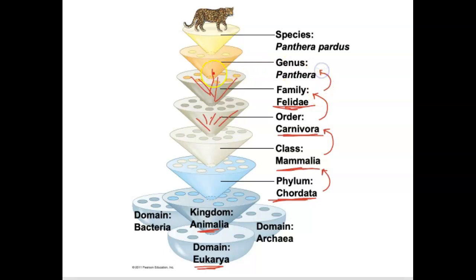Genus Panthera is one particular genus within the Felidae. There are other genuses, but the one we're talking about here is Panthera. Once you're in Panthera, you then move to species. If you're looking at this particular animal right here, Panthera onca, the jaguar.